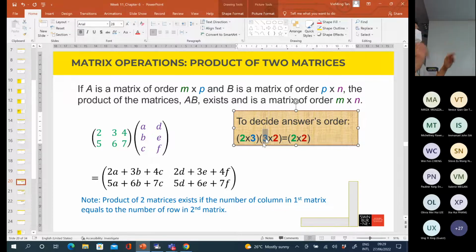Otherwise, we cannot multiply these two matrices together. There will be no result if both numbers are not the same. That is the rule to perform the product of two matrices.